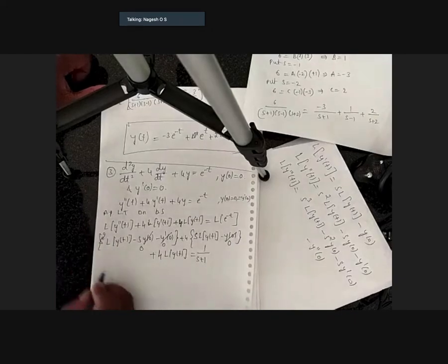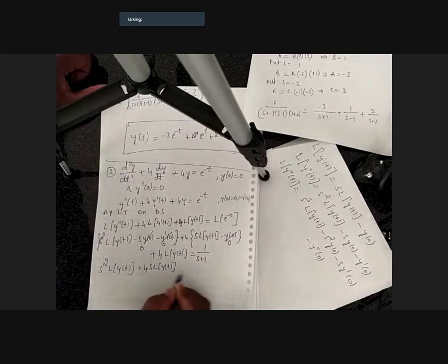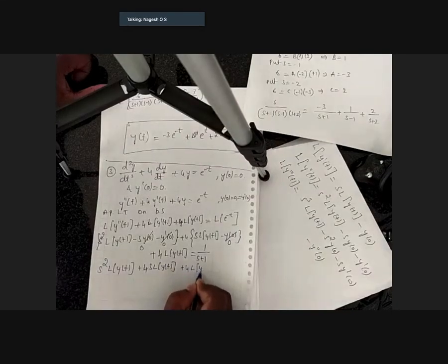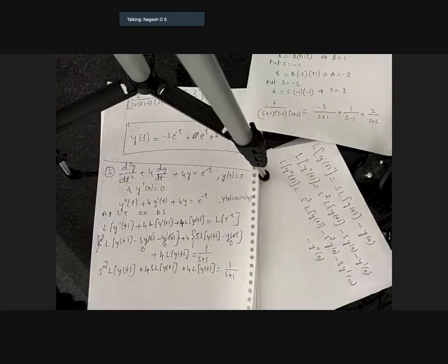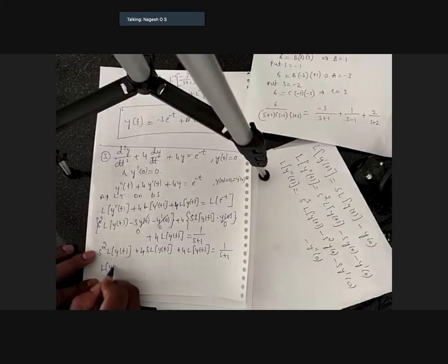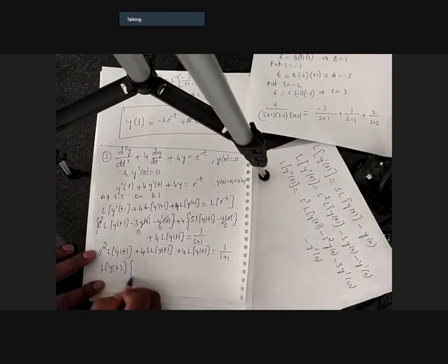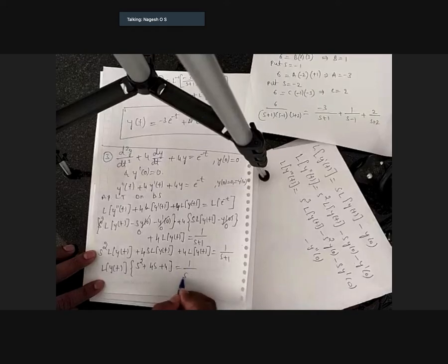So only these terms are left: s square L of y of t plus 4s L of y of t plus 4 L of y of t is equal to 1 by s plus 1. Next, take L of y of t common. s square will be left in the first term, 4s in the second, 4 in the third, equal to 1 by s plus 1.